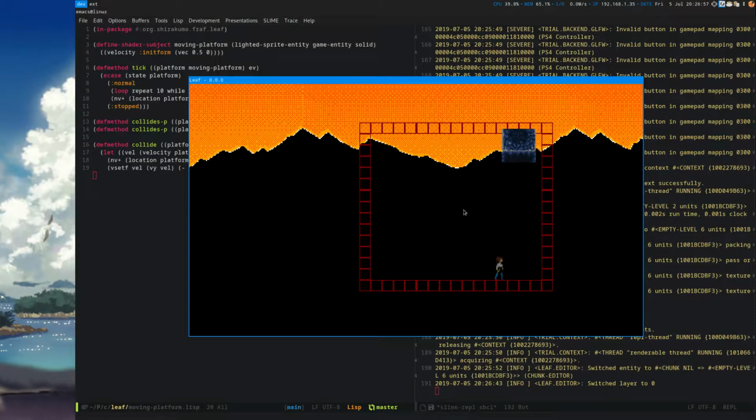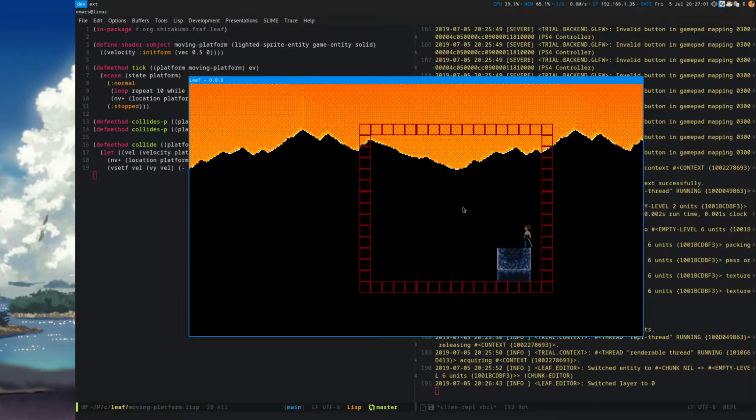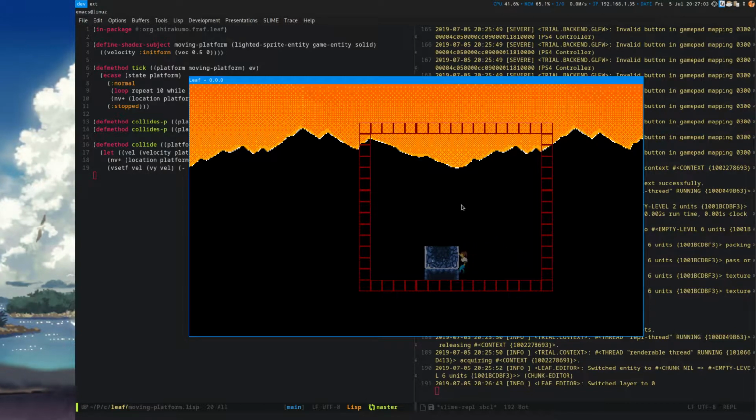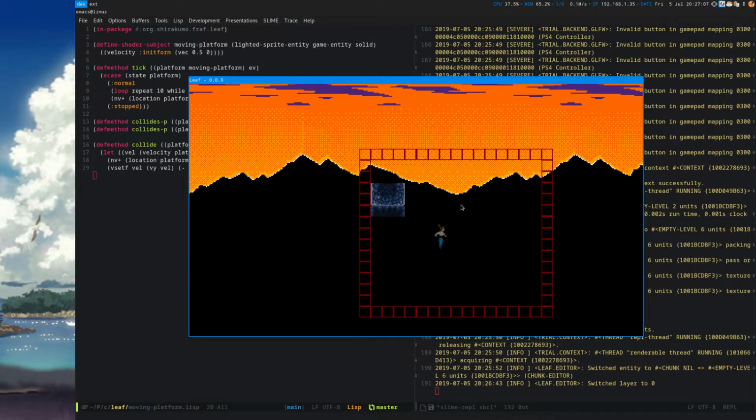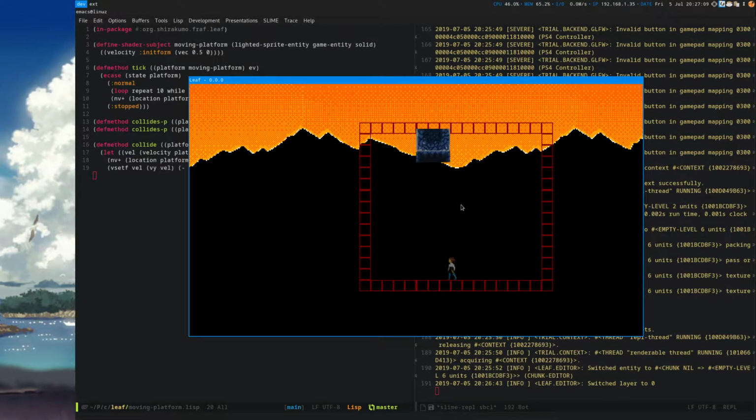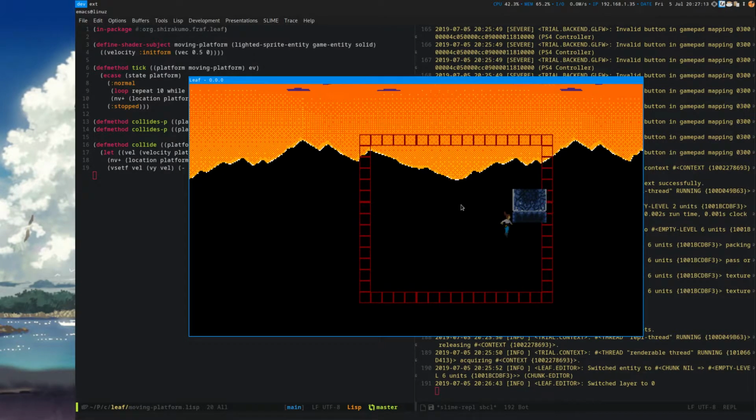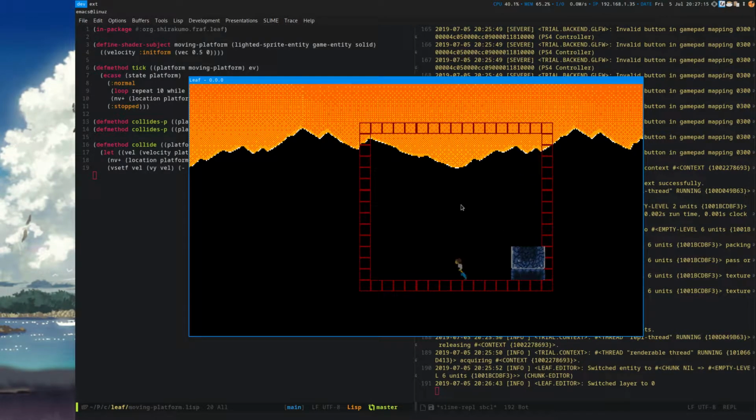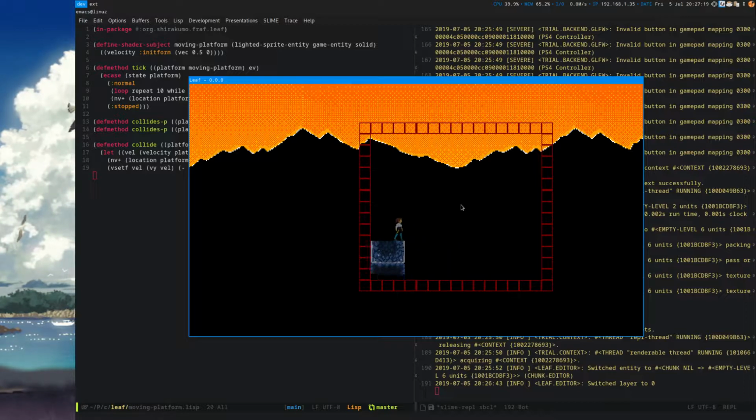Okay, now we can actually see that it's clipping so weirdly. Why is that offset happening though?